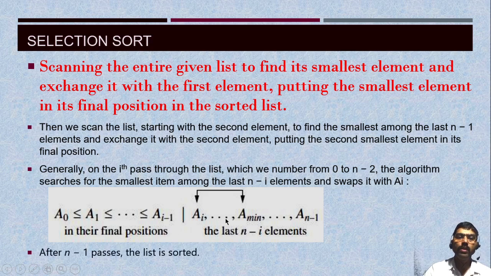I want to search for the minimum value here. Whenever the minimum value is found, you exchange it with the ith element. This process continues up to pass n minus 2. After n minus 1 passes, the list is sorted.